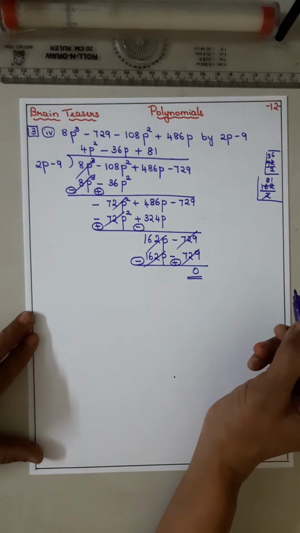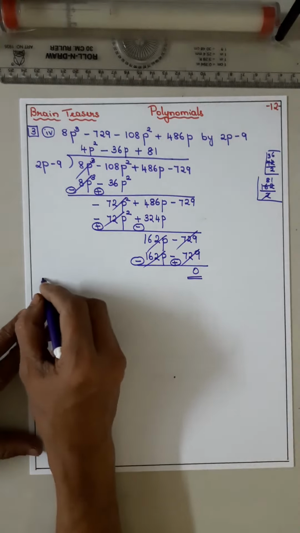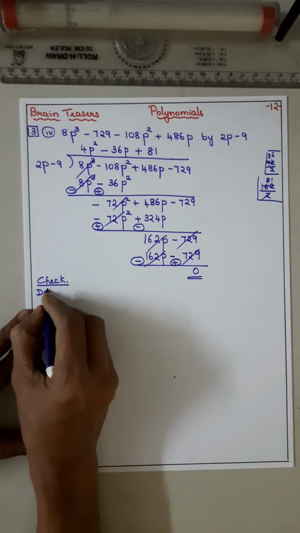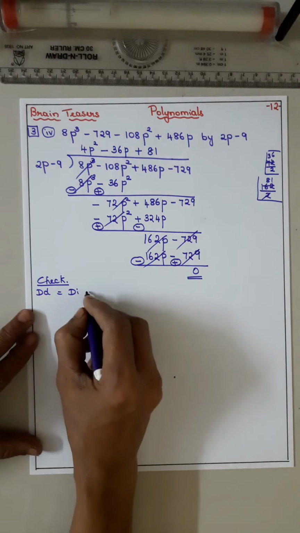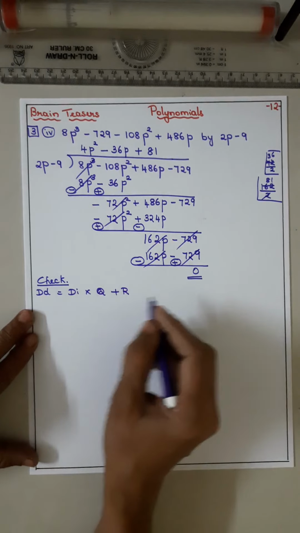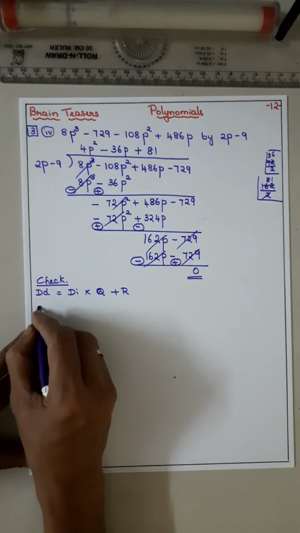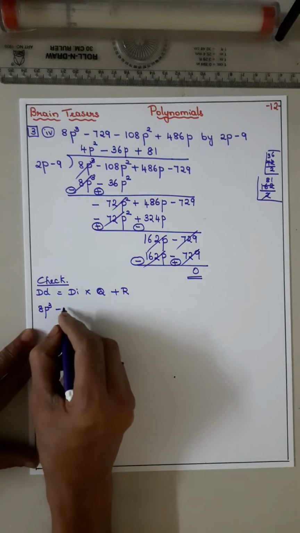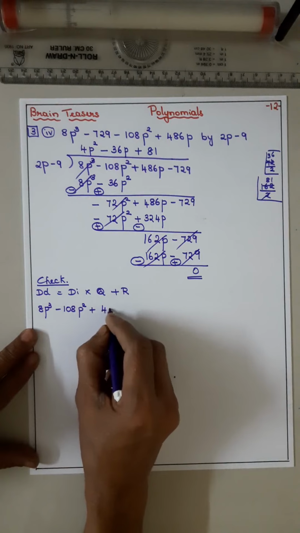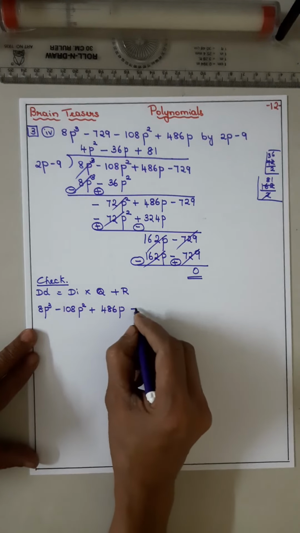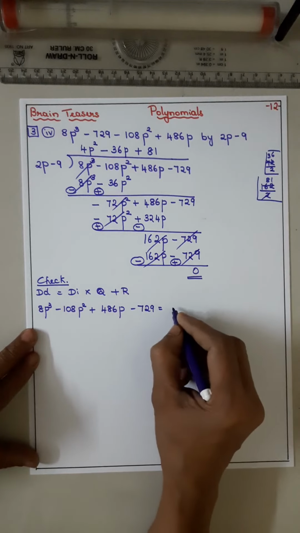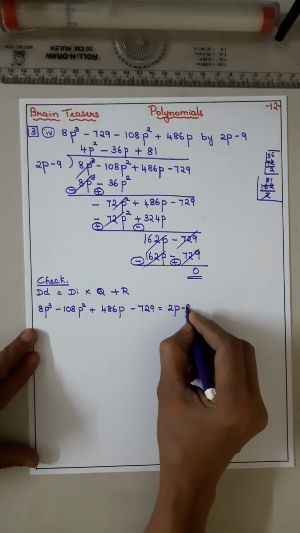Okay. Now next step is what? Check. Dividend is equal to divisor into quotient plus remainder. Write the dividend: 8p cube minus 108p squared plus 486p minus 729 is equal to 2p minus 9.